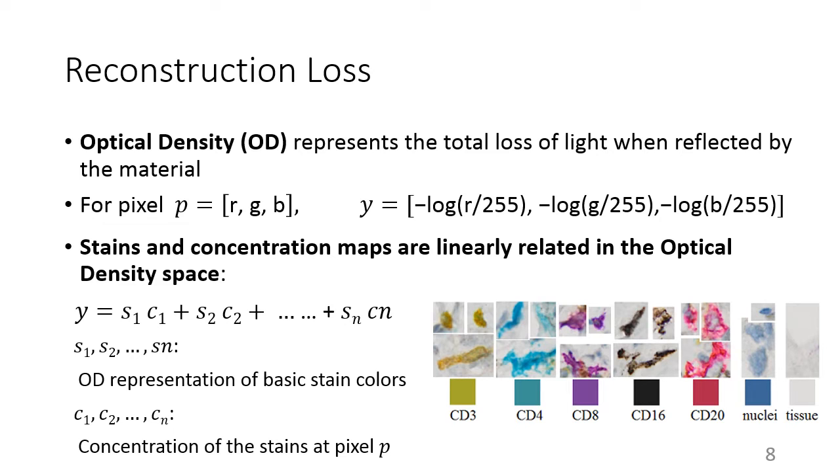The optical density denotes the total loss of light when reflected by the material. It is expressed by the negative log of the RGB representation. For N stains, a pixel's optical density Y is a linear combination of the stains S1 through Sn in the optical density space and the stain concentrations at that pixel C1 through Cn, as shown by this equation here.